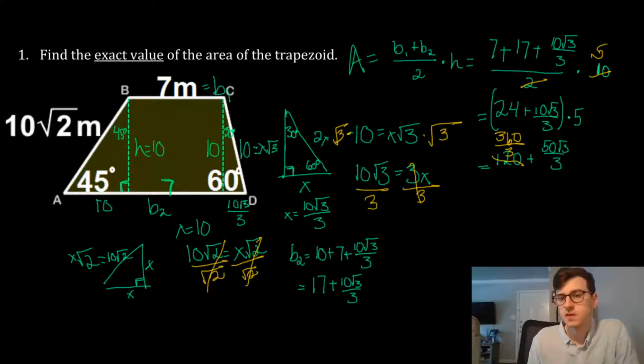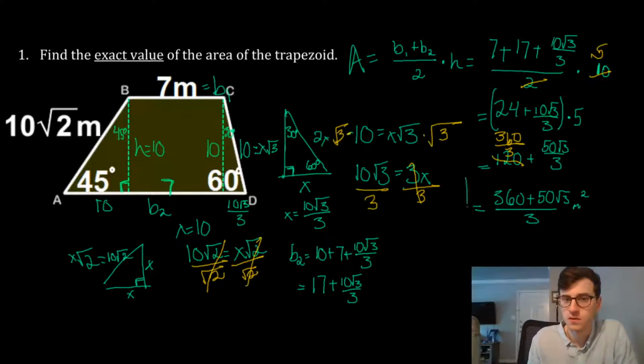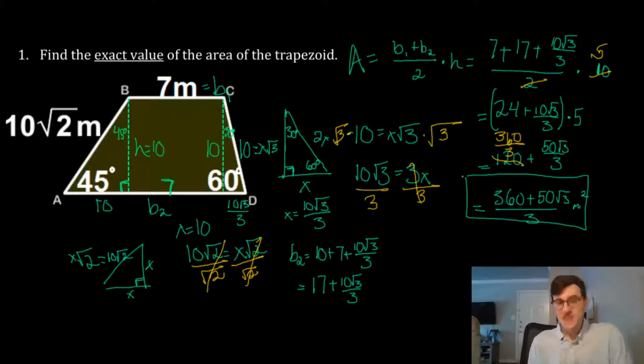And then 360 over 3 plus 50 root 3 over 3 is 360 plus 50 root 3 over 3. And since we're in meters, that is meters squared because it's the area. And that's the exact value of the area of that trapezoid. Now, if you have a calculator and it doesn't ask for exact value, then you could find a decimal and it would tell you what decimal to round to, but this is exact value.